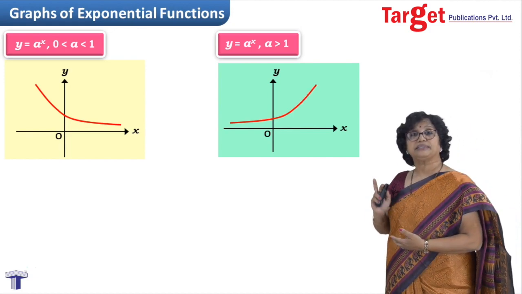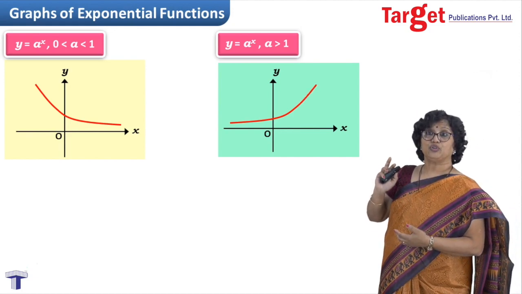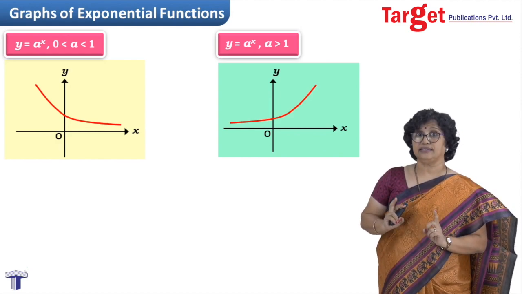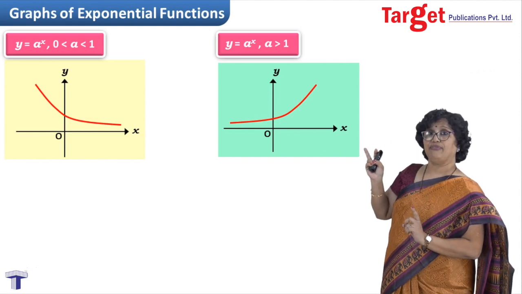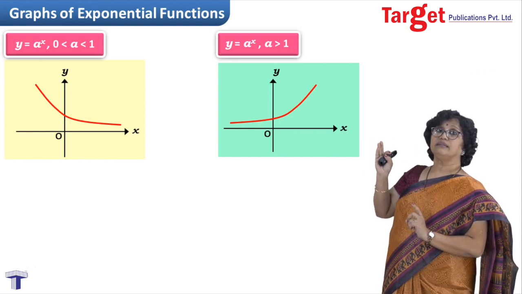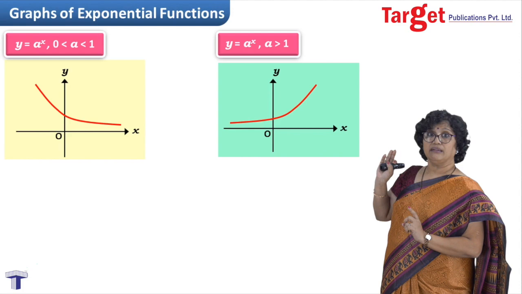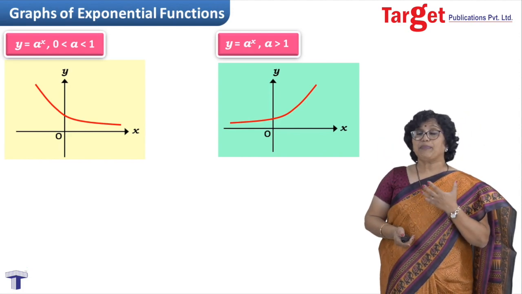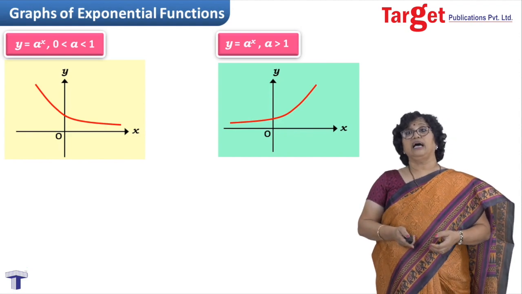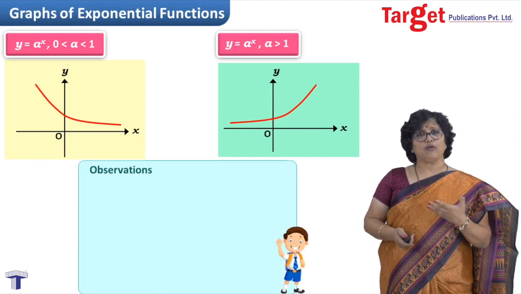It's continuously increasing up. So, behavior changes. When you see two graphs, what do you observe? In the leftmost graph, that curve comes down. And when you see the graph on the right hand side, that curve goes up. So that means there is something more to study. And what do we study? What do we observe here?